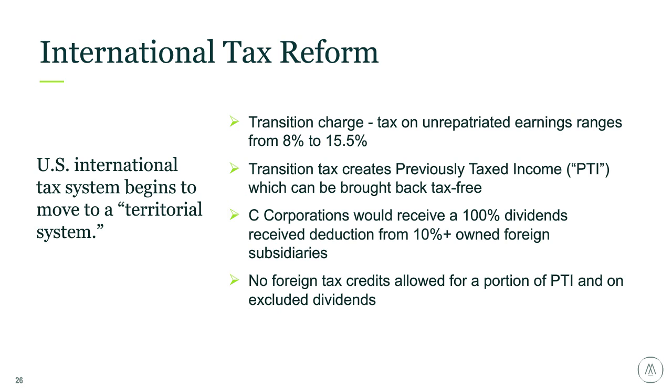That deferral lasts until there's a triggering event, which is either that the S corporation no longer is an S corporation, the company sells all of its assets, or the shareholder sells their shares in the S corporation. At that point, they can make the election to pay over the 8 years. That's the triggering event that starts when the liability will start.